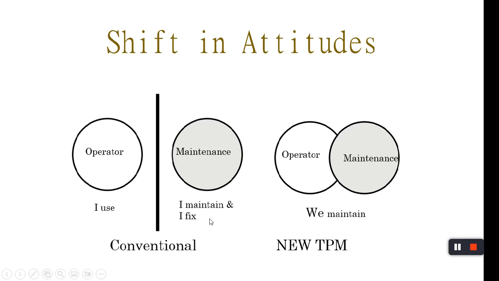But because of the introduction of this TPM concept, there is now an overlapping of the operator and maintenance, and a shared responsibility on the maintenance of the equipment. So the operator and the maintenance personnel should think that both of them have the obligation to maintain the machineries and equipment.